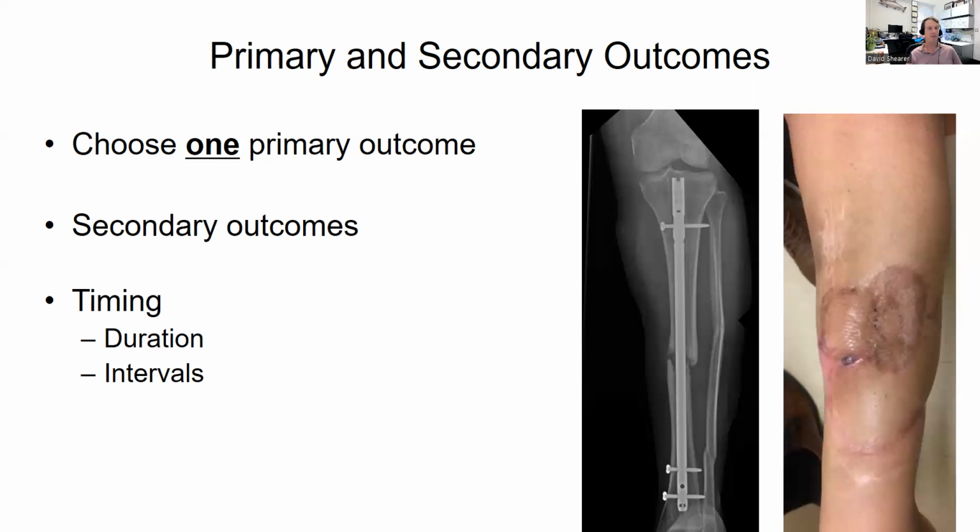But if you're interested in post-traumatic arthritis because you're worried these tibias are getting malunions, that may take decades of follow-up to detect. So it might be very interesting to look at that, but that may or may not be feasible. So the timing of the outcome is also very important and may ultimately influence feasibility as well.